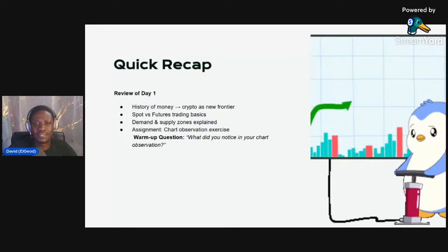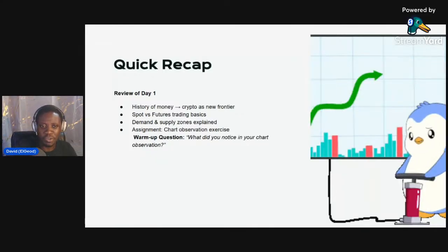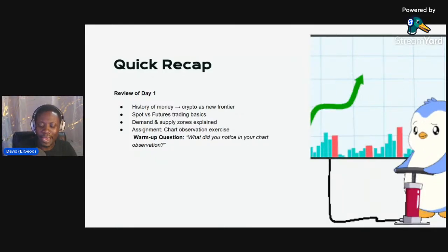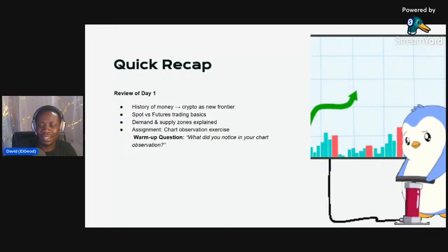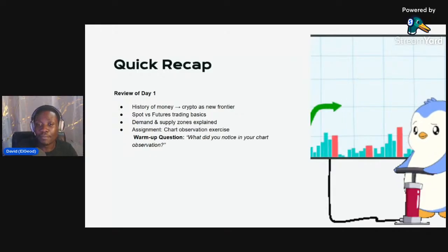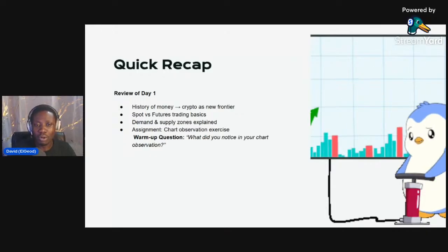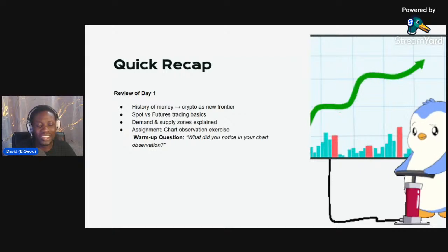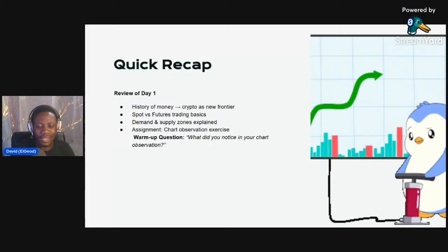Now, that said, I think I've done a recap. We walked through what we did yesterday, which was about the history of money, which began from the barter system to gold and metals, and up until we have fiat, which are the printable notes, naira note, or dollar note, or euro note, or Canadian dollar note, or Australian dollar note, or Swiss francs, or kwacha.